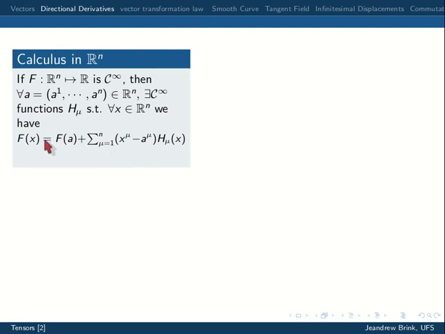So here we have f of x equals f evaluated at A plus the sum from mu equals 1 to n of (x minus A) mu h of mu x.